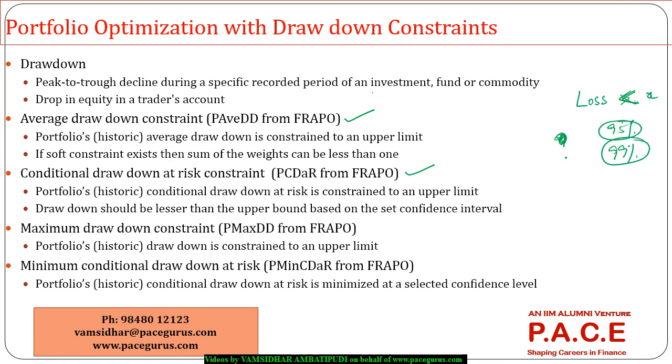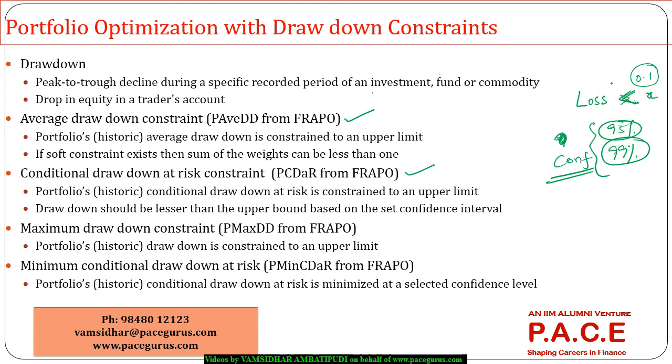So I am giving a confidence interval instead of saying in all cases. So in 95% or in 99% of the cases, my loss should be less than, let's say, 10%. So probably in one or two odd cases the loss can increase. So this is what I am calling the conditional drawdown at risk.